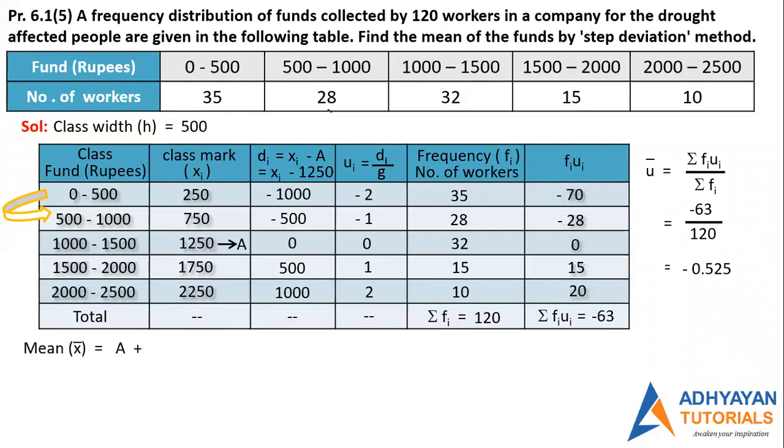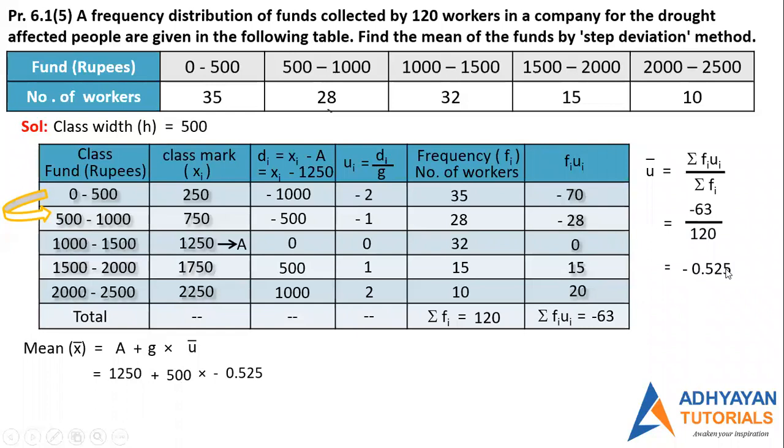The formula for x bar is a plus g into u bar. The value of a is 1250, I'm sorry. The value of a is 1250 plus g, which is always the h for us, which will be 500, into u bar, which we just found out is minus 0.525.